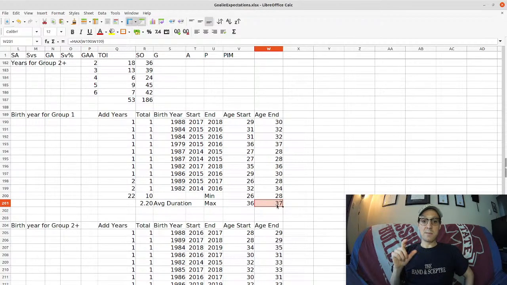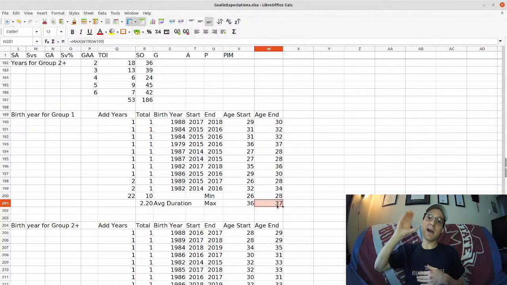So the performance window is small in terms of frequency, but broad in terms of age range. So you could be good for 2 years, but it could happen anytime between age 26 and 36 as a starting point. So I would say at the top, high end of goaltending performance, very inconsistent.